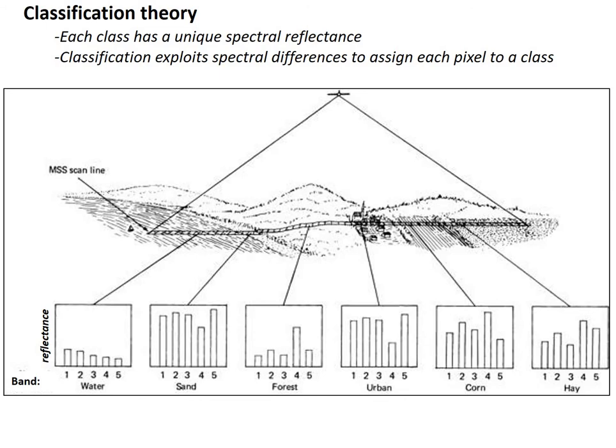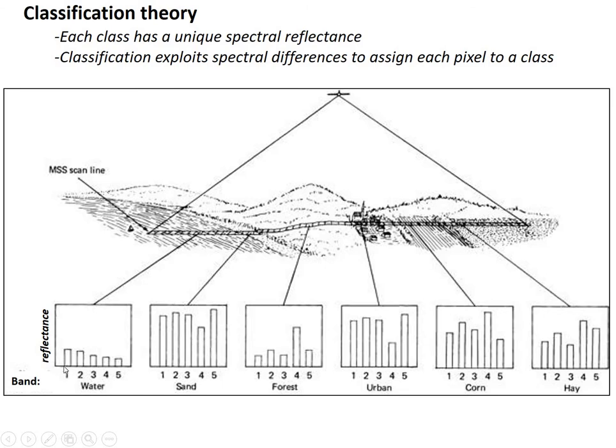Okay, so the key idea is that we're going to define a bunch of classes called user classes. And in this simple example, this might be water, sand, forest, urban, corn, and hay. So maybe you have 6 different classes or kind of surface types in your image. And each of these, hopefully, has a different spectral signature.